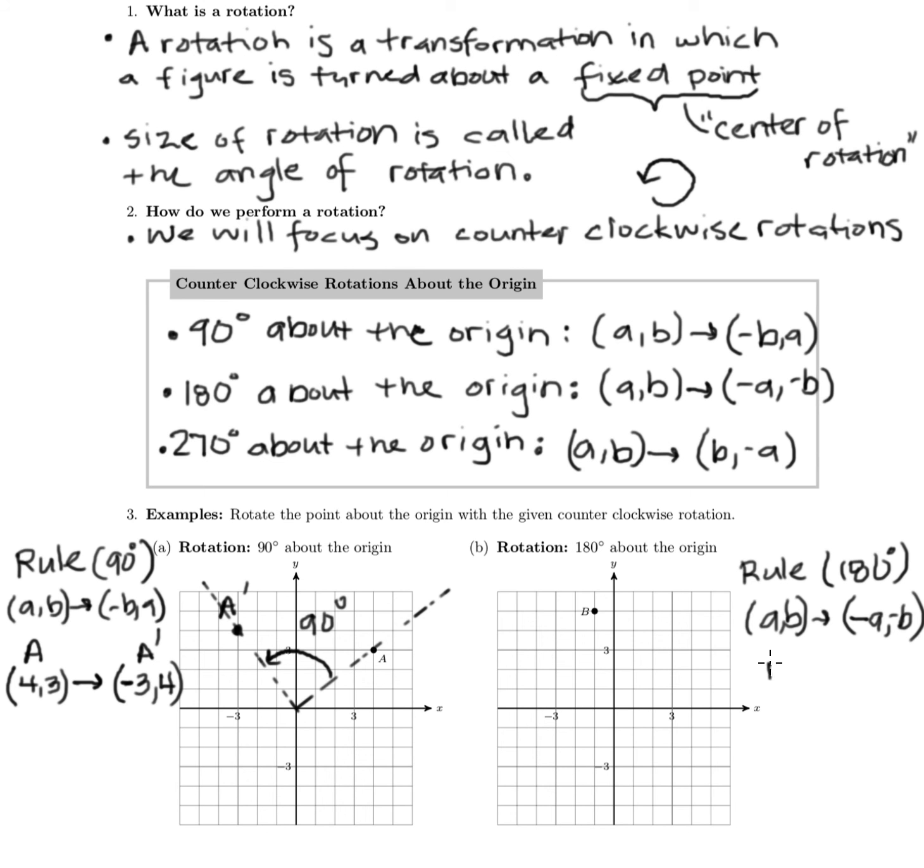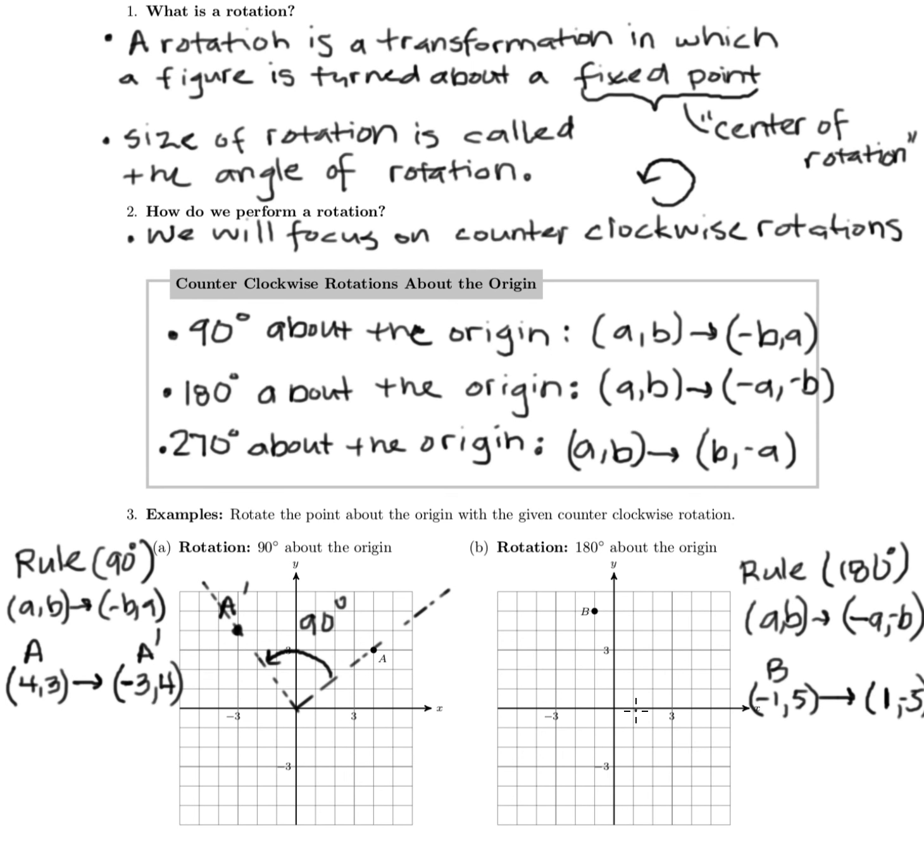The problem we have is that B is located at negative 1, 5. Now we rotate it using this rule, so we take negative 1 and do the opposite, which is 1. And we take 5 and do the opposite, which is negative 5. We now have our ordered pair, 1, negative 5.